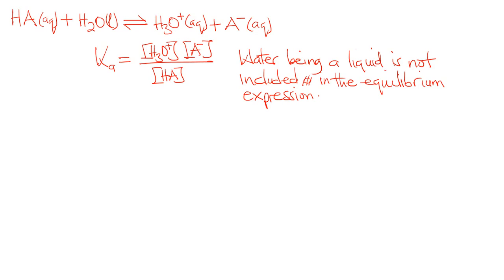Now, if you want to obtain the concentration of the acid, or if you want to obtain the concentration of a hydronium ion, what you are looking for is this part, the H3O+.